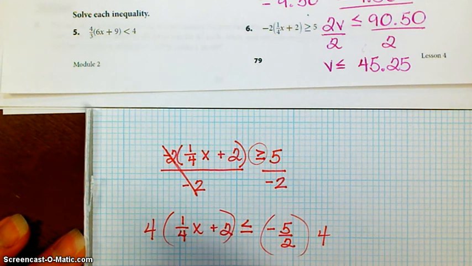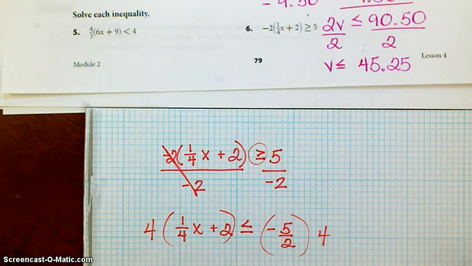And then 4 times 2, that's 8. Haven't done anything weird with a negative, so the sign doesn't change. And then 4 times 5 is 20, and 20 divided by 2 is 10, and there's a negative, so this is negative 10 now on that side. And I've gotten rid of my fractions.